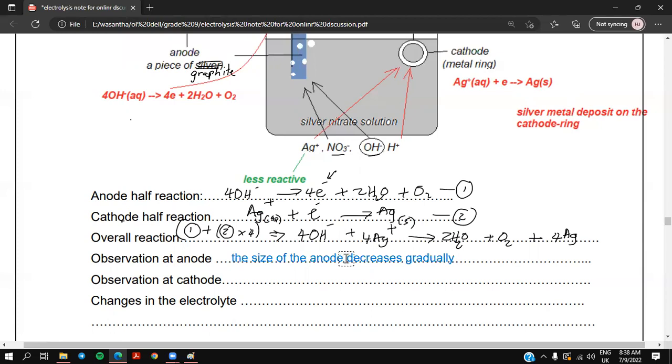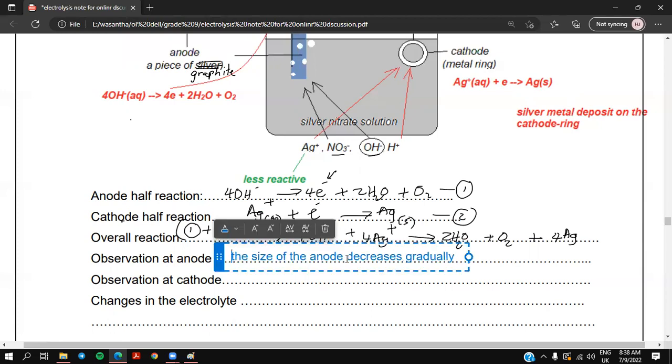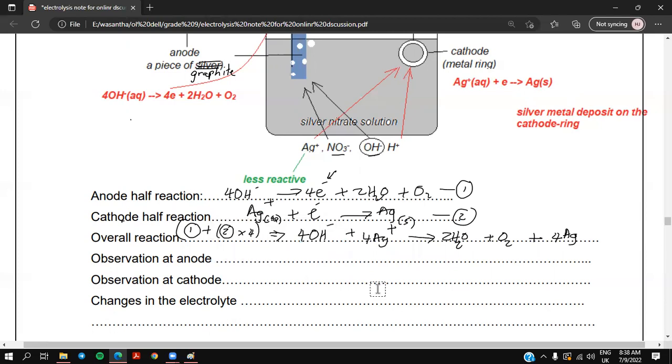Wait a minute. Here it doesn't happen because size of the anode decreases if the anode is reactive. Here anode is unreactive. Therefore, observation at the anode is gas bubbles.